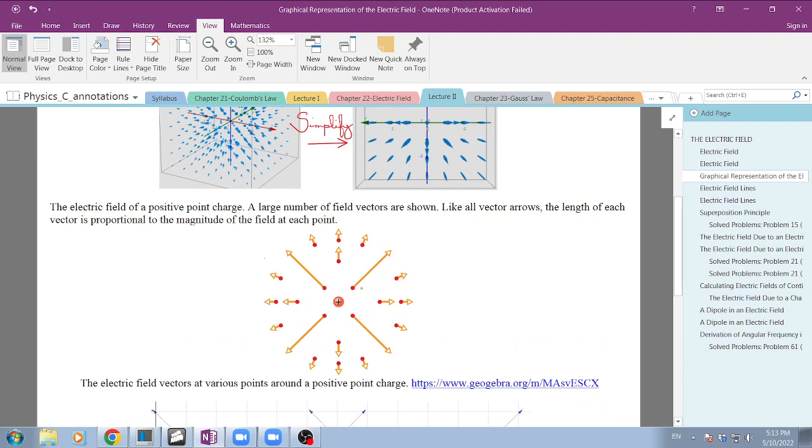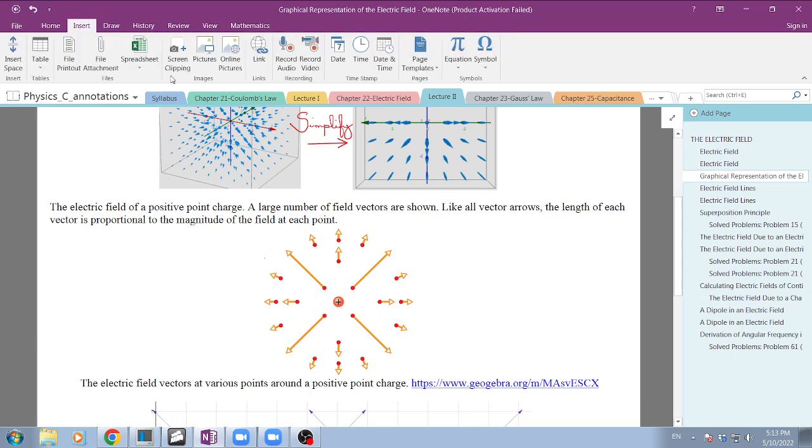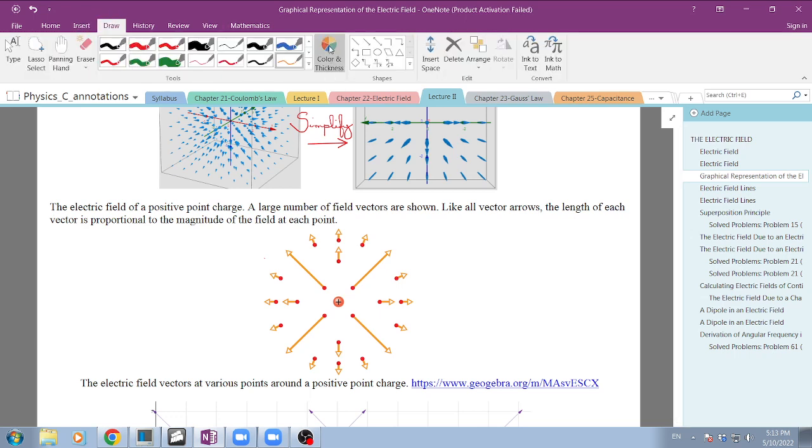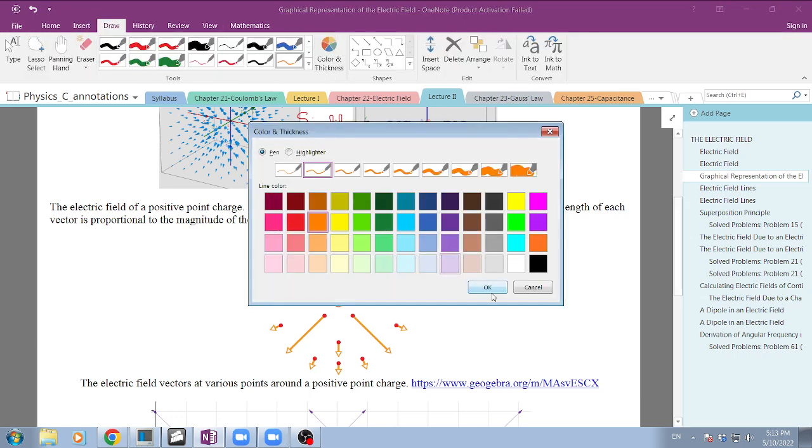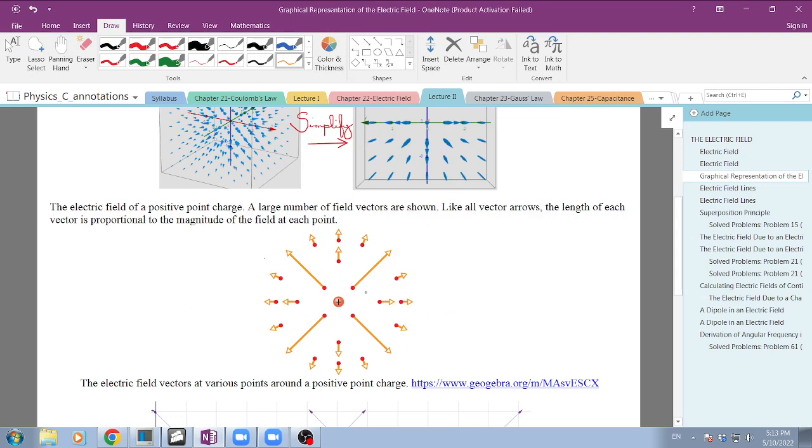You can see here one representation of the vector field for this particular charge. Let's call this point 1 and this point 2.